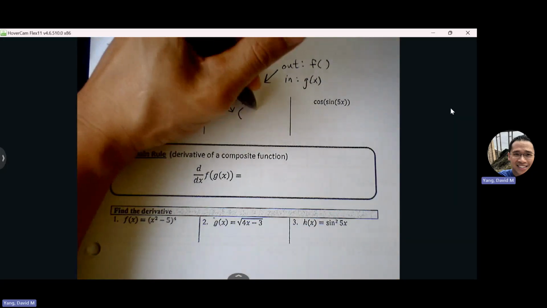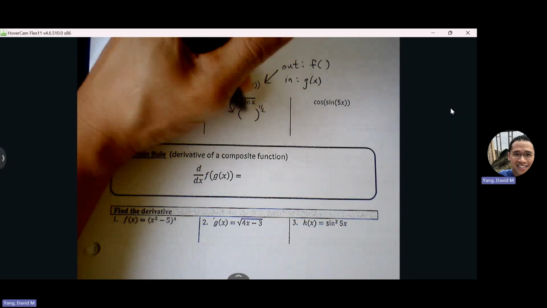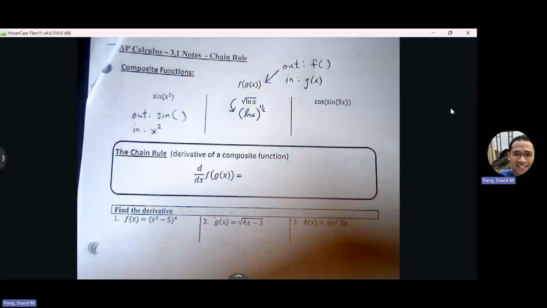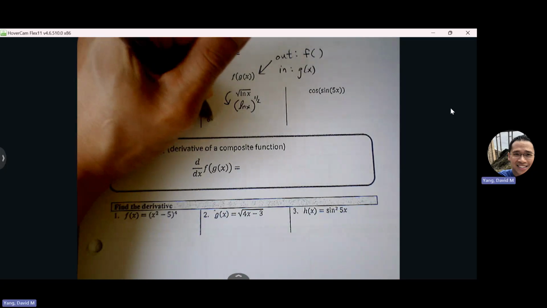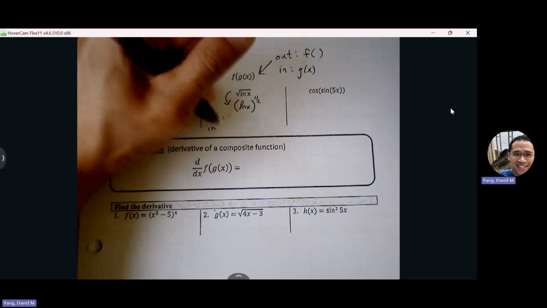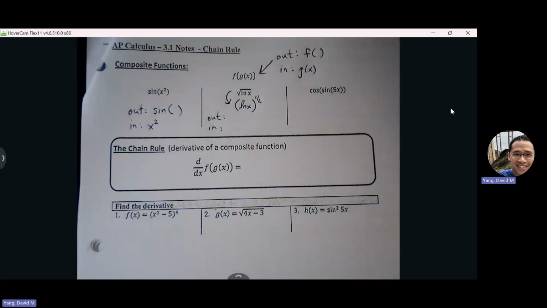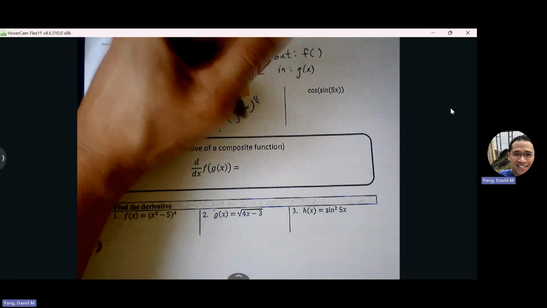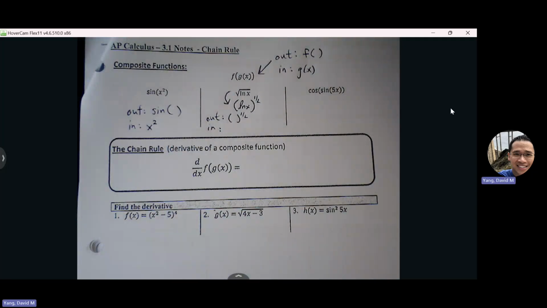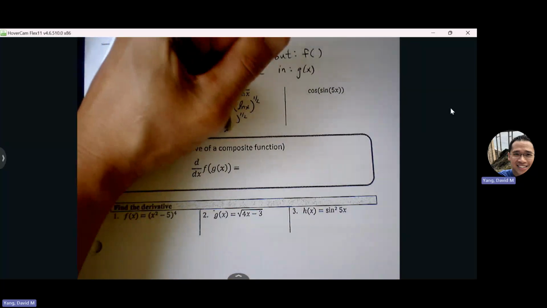We can have parentheses to the 1/2, natural log inside. So basically, the outside function is whatever you see outside the parentheses, and the inside function is whatever you see inside the parentheses. So use parentheses as a way of helping separate your outside and inside portions. So my outside portion is just that parentheses to the 1/2. And then the inside portion is that natural log of x.